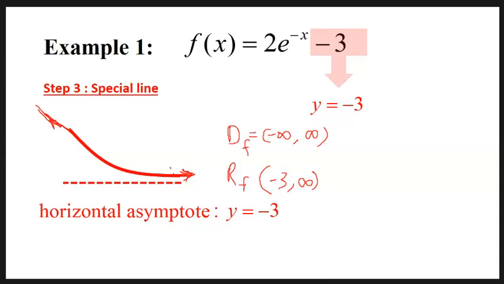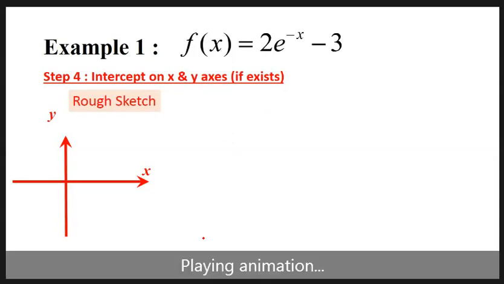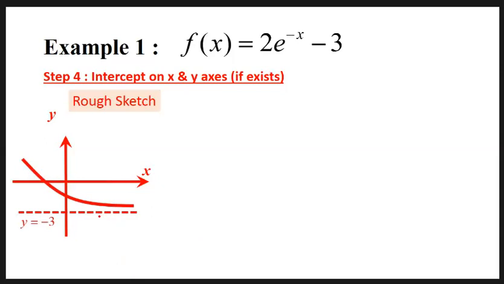Okay, continue. Step 4. To decide the y and x intercepts for this graph, we make use of the information from the first 3 steps. We do a rough sketch. This is what I have from the result, where I use the special line as a guideline to draw the graph.